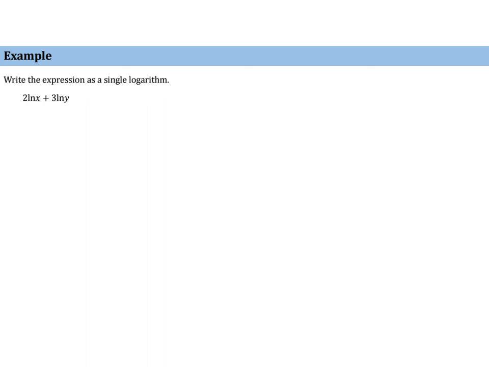So we will go ahead and take our coefficients of 2 and 3, and we can bring those in as exponents. So we would have natural log of x squared plus natural log of y cubed. Now we are adding two logarithms.